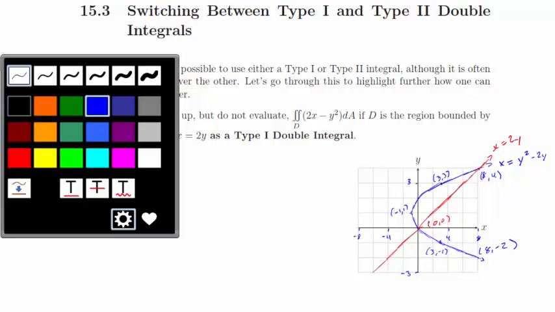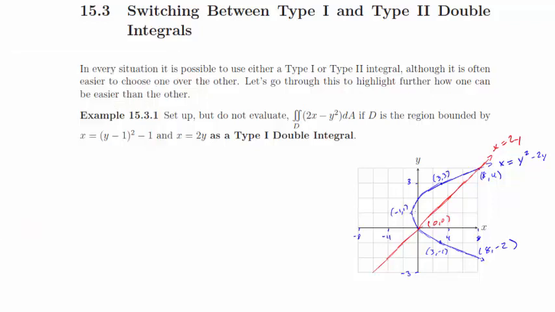I'm going to FOIL this out just because we know it's going to simplify down to y squared minus 2y. And so again, we're still looking for this region, but we're going to look at this space first, and then we'll look at this space second. When I say this space first, I'm talking about the space from x is negative 1 to x is 0, and then the second space is from when x is 0 to x is 8, the space between these two graphs.